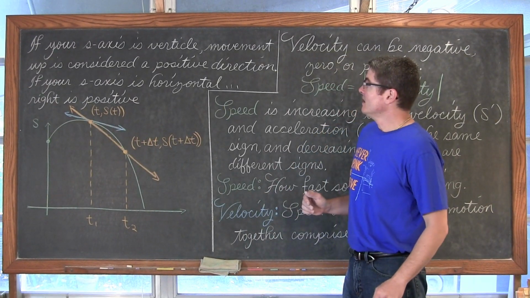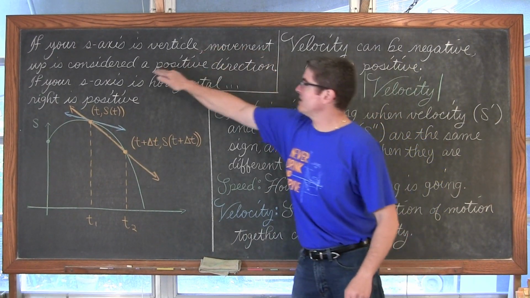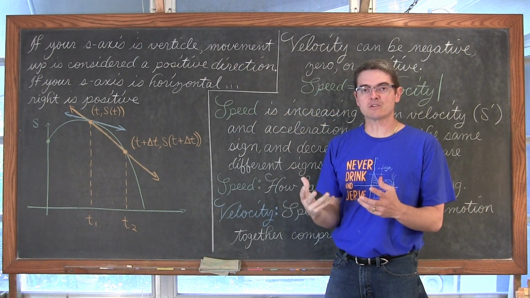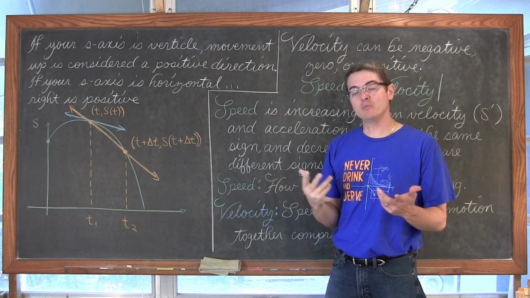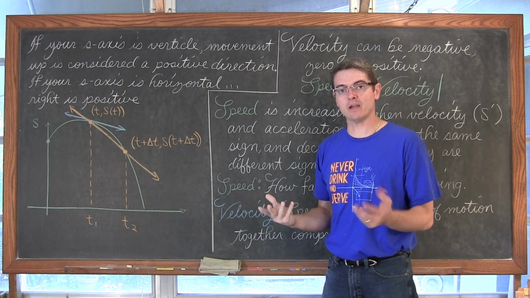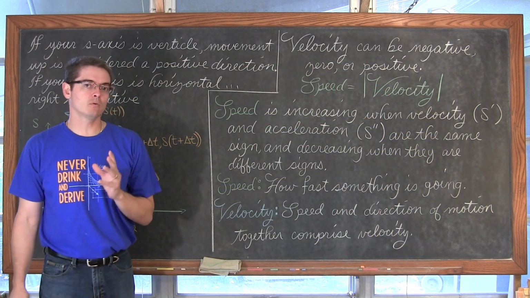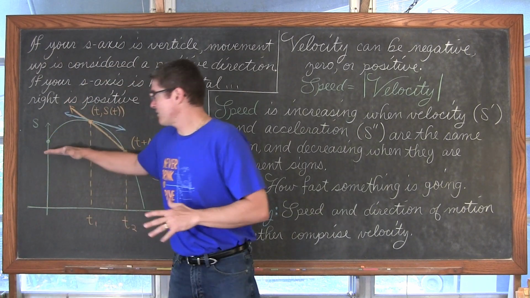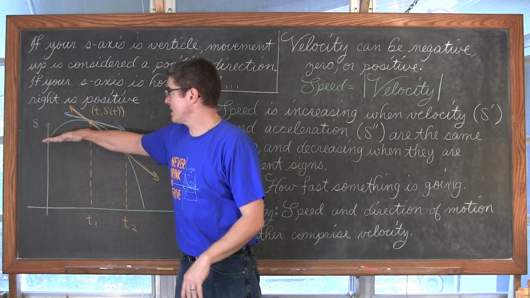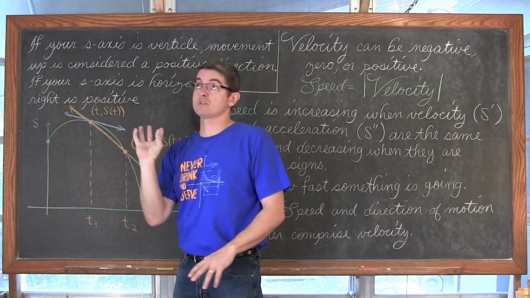Now, if we're talking about movement being considered a positive direction, then we must have a movement that's considered to be a negative direction, right? So, velocity can be negative, 0, or positive. When I throw a ball straight up, its velocity is going to be considered positive as it rises up.